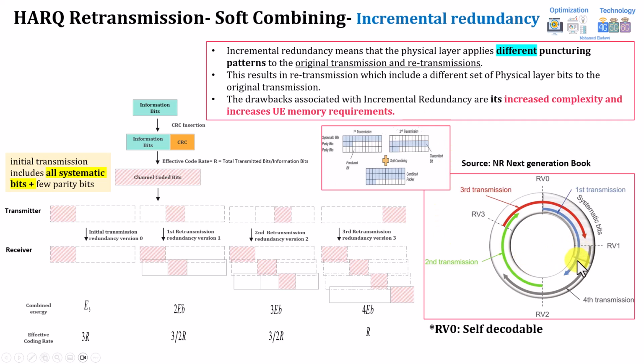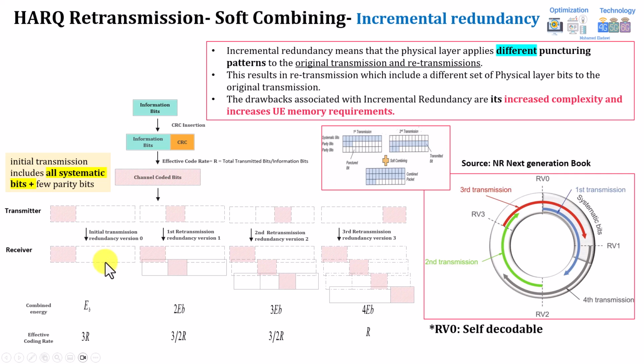The figure on the right, I will explain once I explain the one on the left. Again, if you look at this figure, initially the information bits are transmitted, then the cyclic redundancy check is added, then the additional bits for the coding are added as well, and your coding rate is calculated here once the FEC bits or redundancy bits, which are called parity bits, are added.